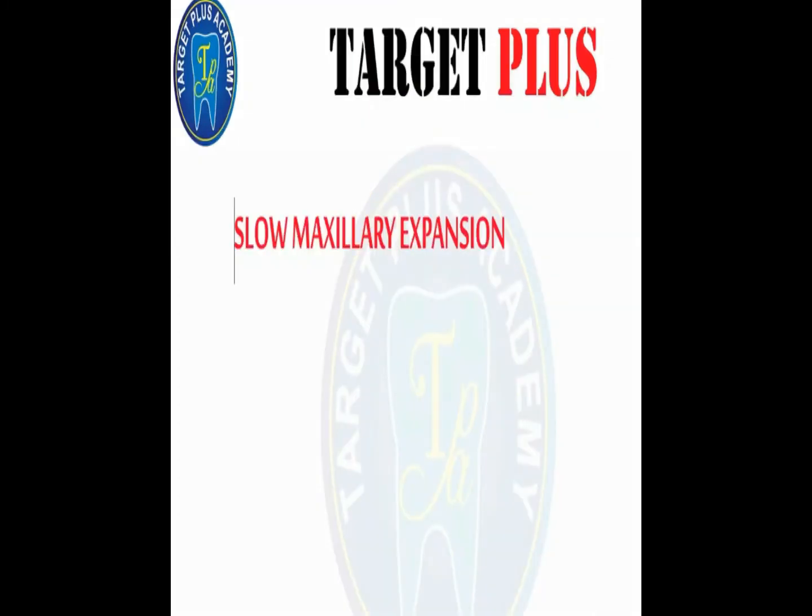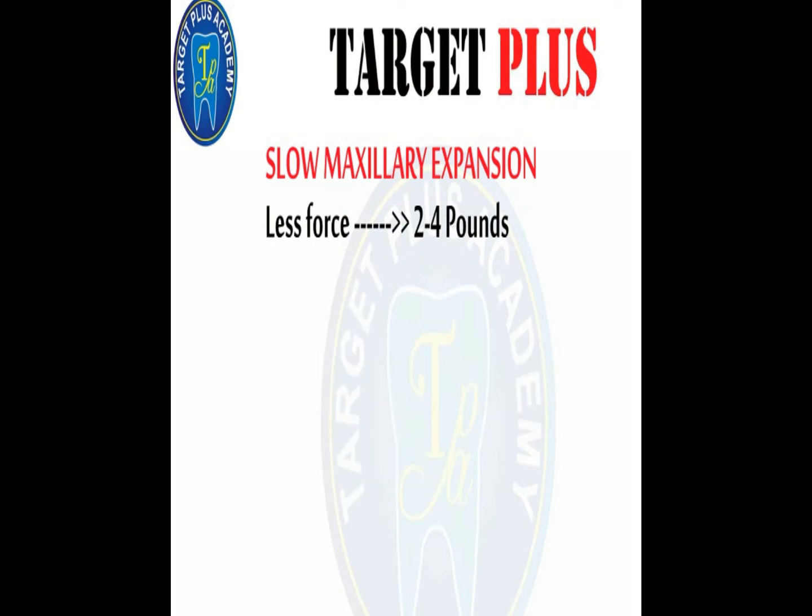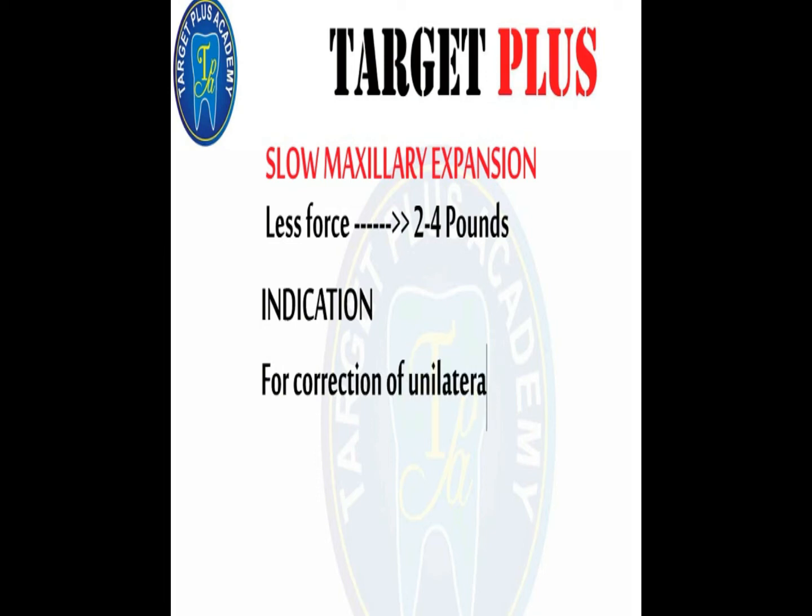Now next is the slow expansion device. Slow expansion devices involve the use of less force, that is 2 to 4 pounds, over a longer period, that is 2 to 6 months, to achieve the desired results. Now the indications of slow expansion are for the correction of unilateral crossbite, for correction of V-shaped arches like in thumb suckers, and preparation of bone grafts in cleft cases.